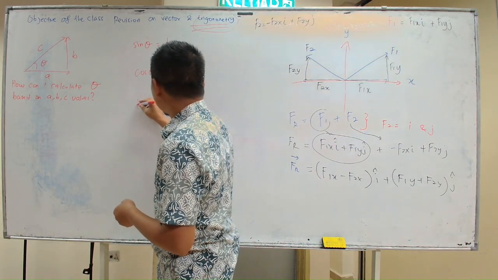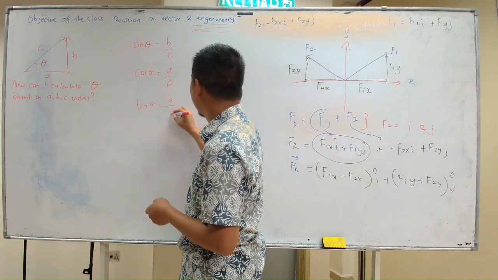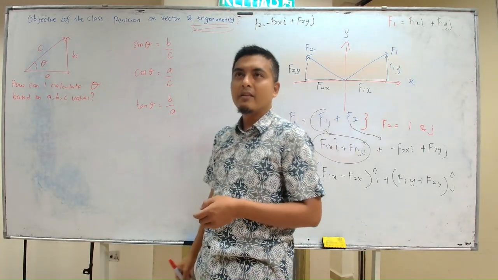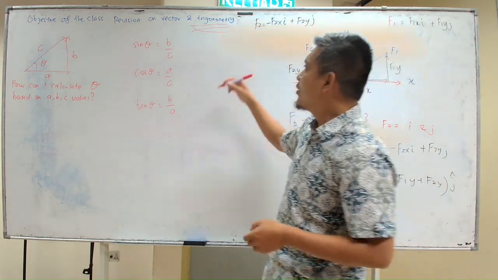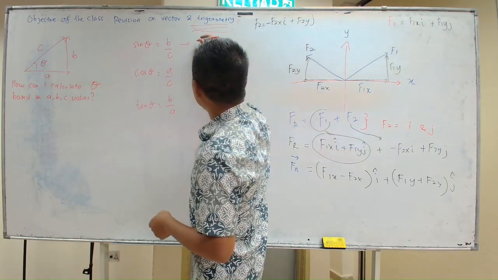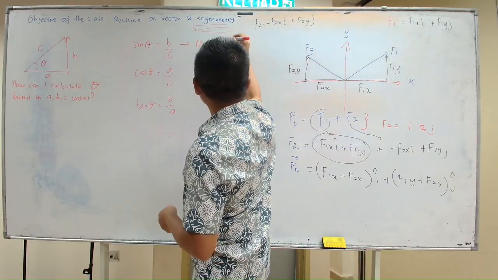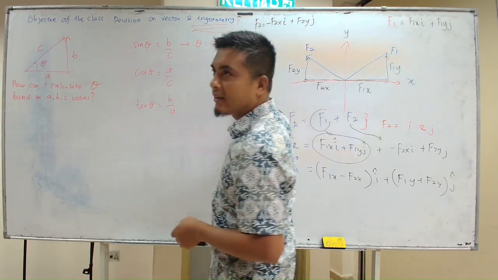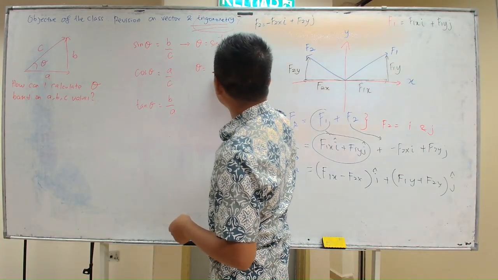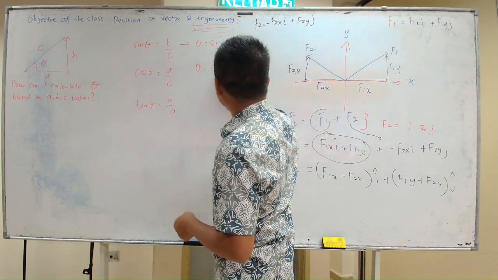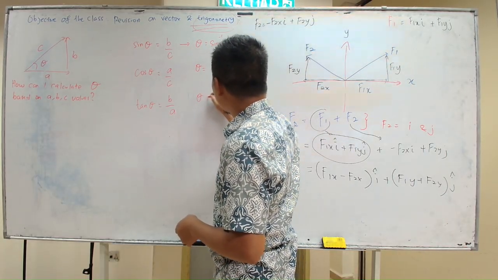Tangent. Is that B over A? Yes. You need to remember this. So, in order to calculate theta, I can use theta equal to sin inverse B over C. Also I can use cos inverse A over C.